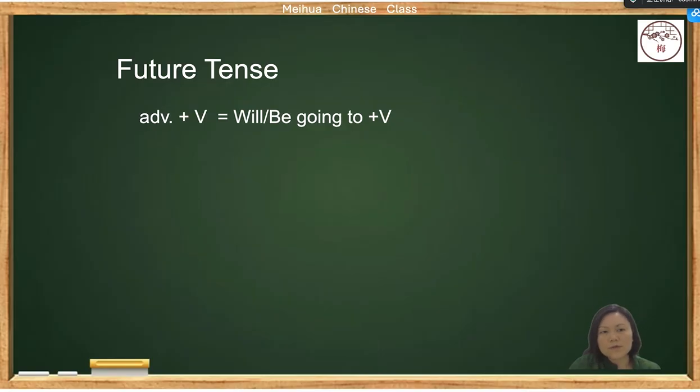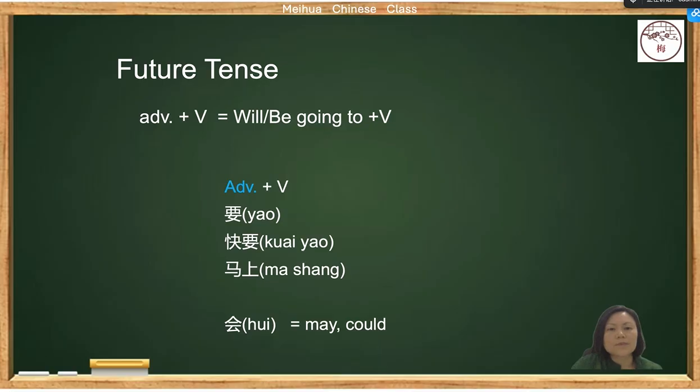Different adverbs mean how close the thing is. For example, we have adverb 要, which means something's going to happen. 快要 means something's going to happen soon, really soon. 马上 is similar to 快要, also means something is going to happen soon.